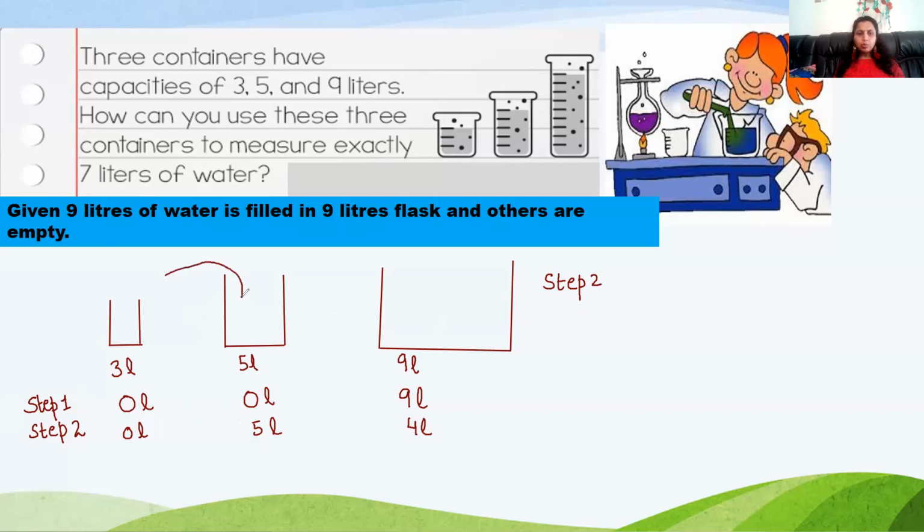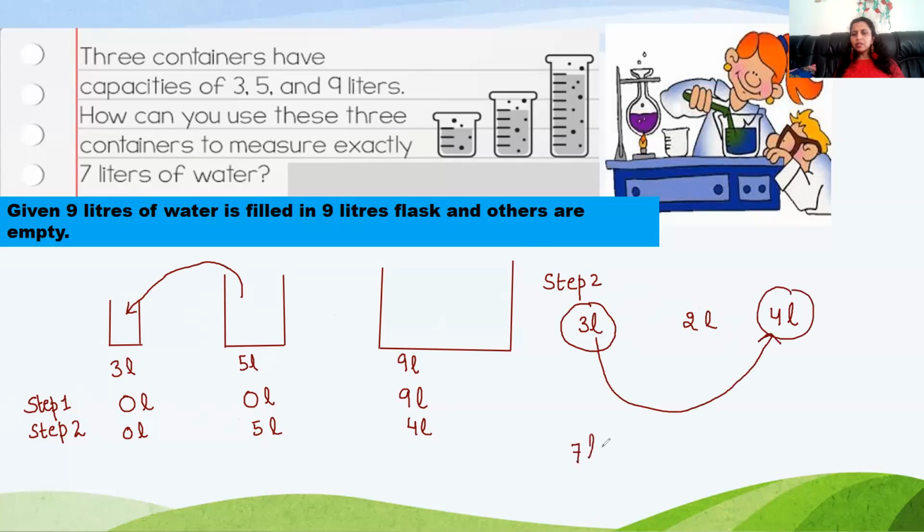If we pour from here to here, then our 3-liter flask will have 3 liters. Here we are left with 2 liters, and here we have 4 liters. If you pour this into the 9-liter container, we get our 7 liters. That's it.